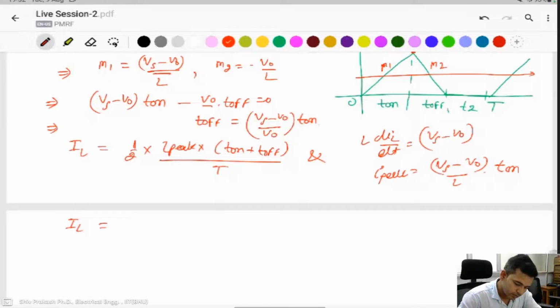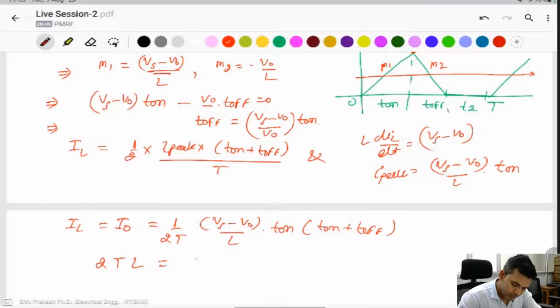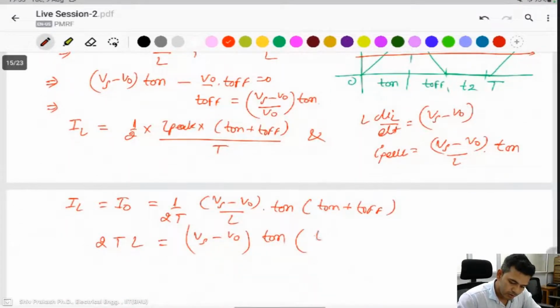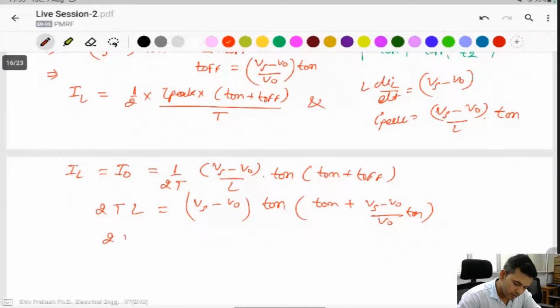IL average equals I naught, which is 1 by 2 times I peak, equal to (Vs minus V naught) divided by L times T on, times (T on plus T off) over T. You can find T off is equal to (Vs minus V naught) into T on plus (Vs minus V naught) divided by V naught into T on, times T, equals L into I naught.